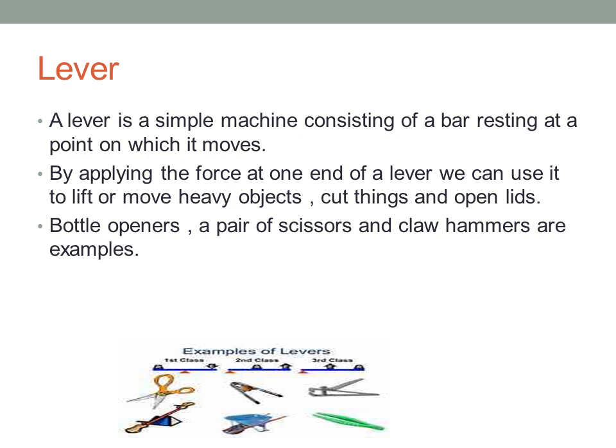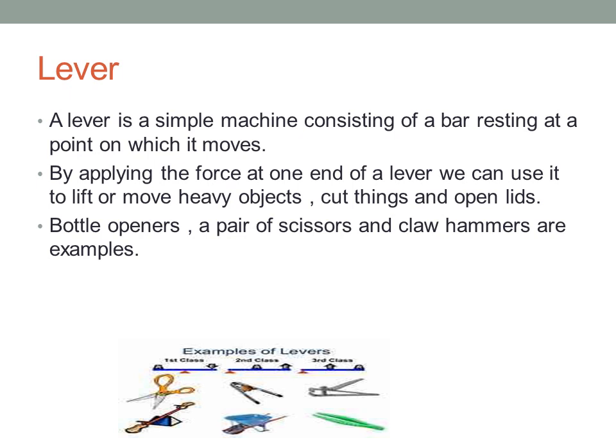Okay. So I am repeating again. What is a lever? The lever is a simple machine. It consists of a bar resting at one point, on which it moves. So by applying force at one end of the lever, we can use it to lift or move heavy objects, and for cutting things and to open lids.